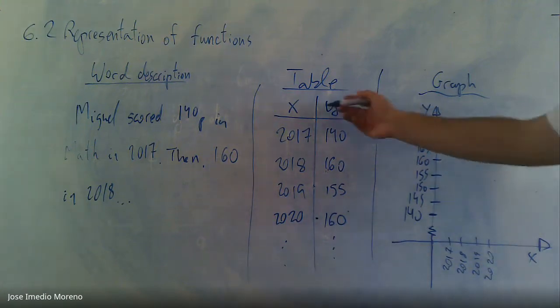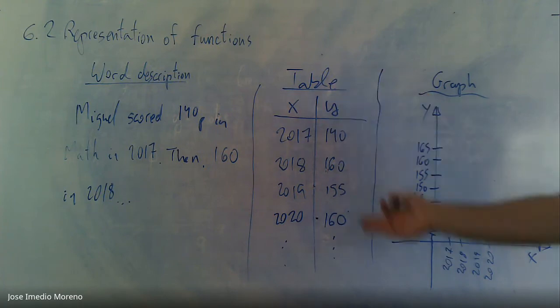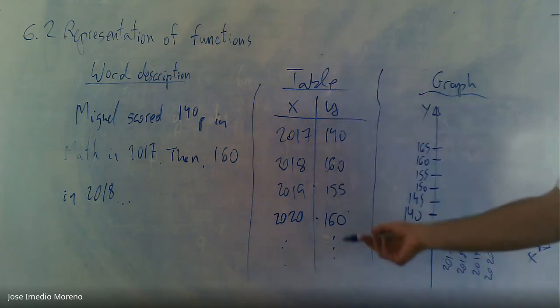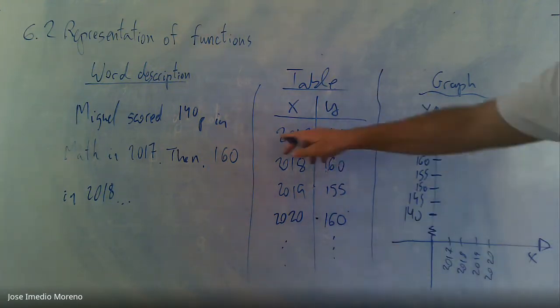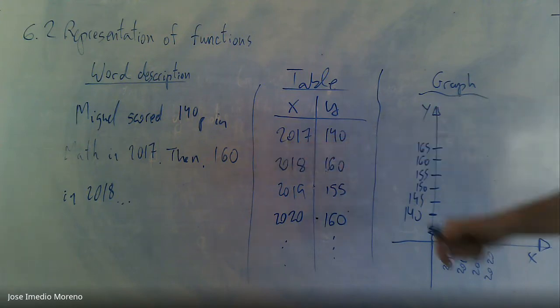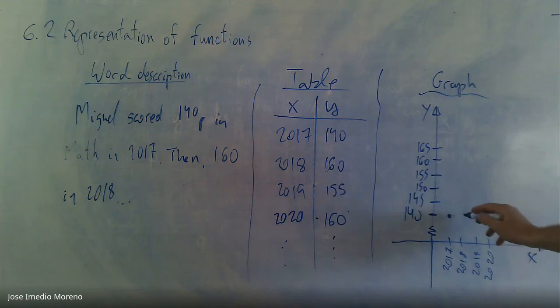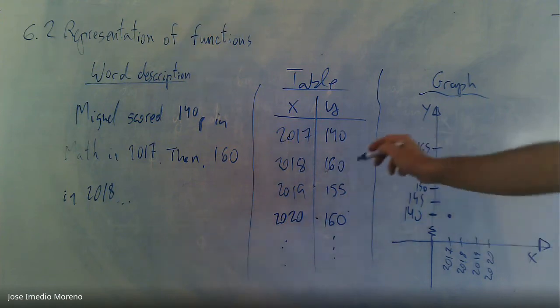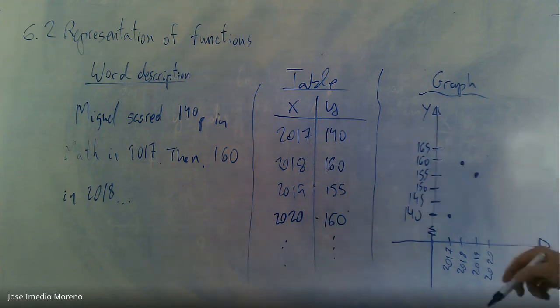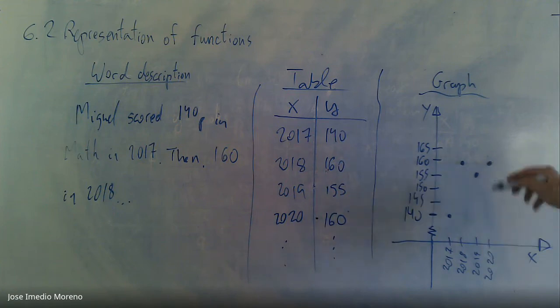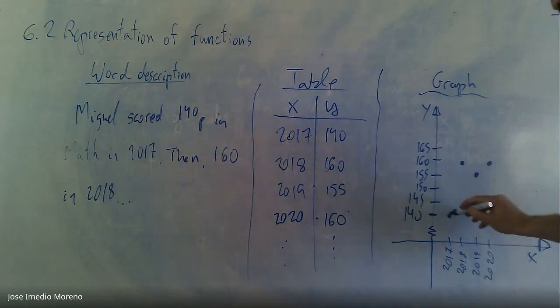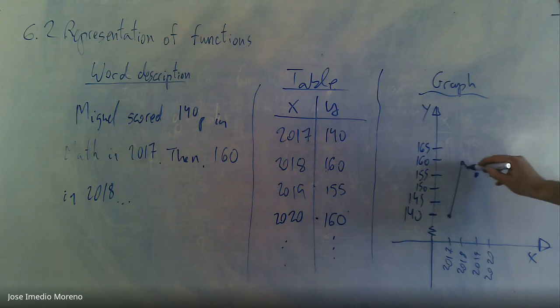And then I can plot the values from this table, which are actually points, right? I have the point 2017, 140. That point is placed here. Then 160 here. Then 155. Then 160 again. And I can join the dots and I can make a graph.